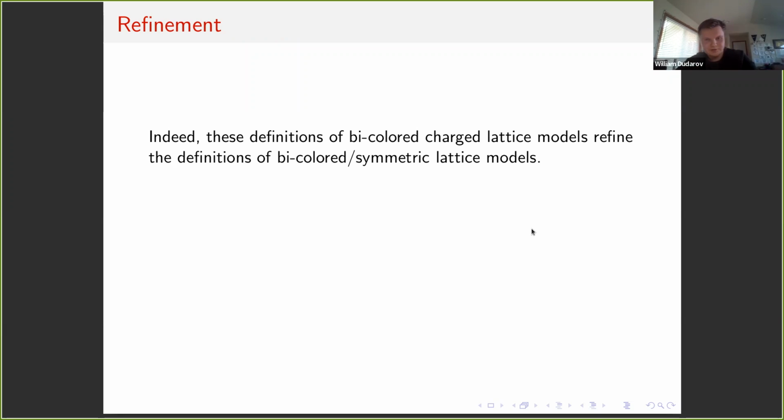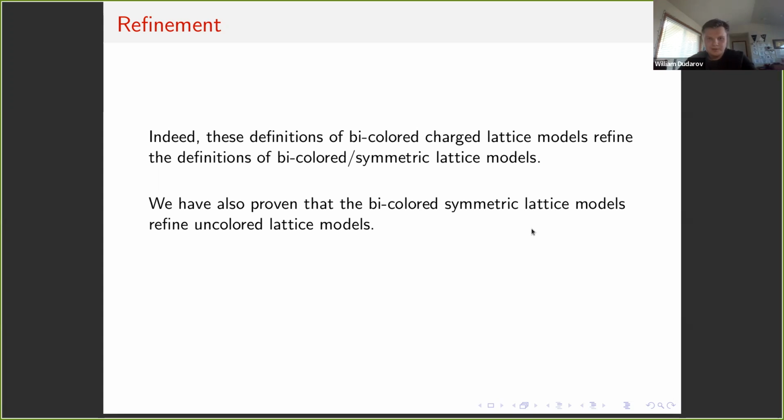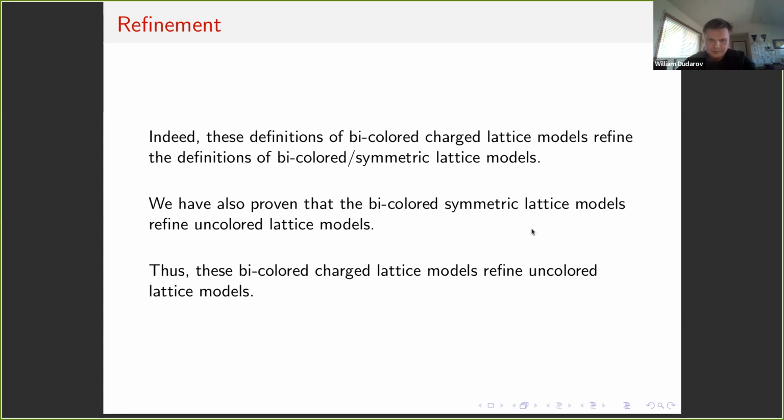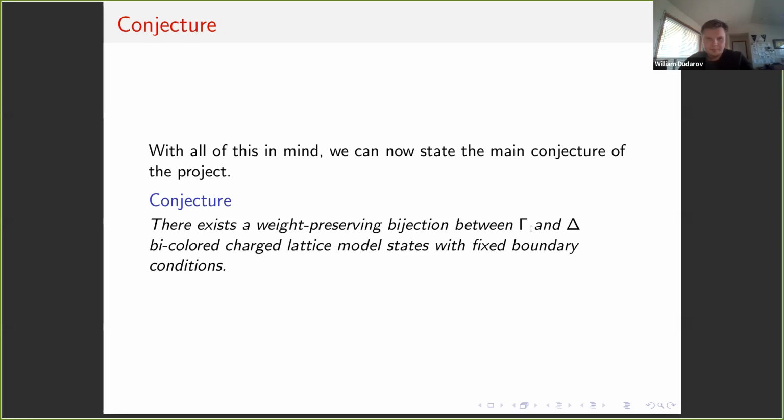Indeed, these definitions of bicolored charged lattice models refine the definitions of bicolored or symmetric lattice models. We have also proven that the bicolored symmetric lattice models refine uncolored lattice models. Thus, these bicolored charged lattice models refine uncolored lattice models.